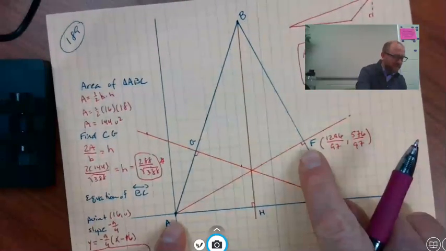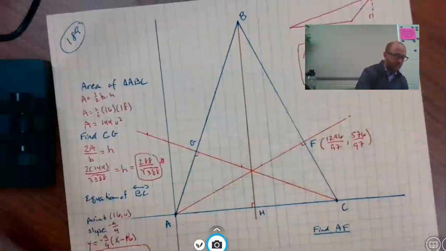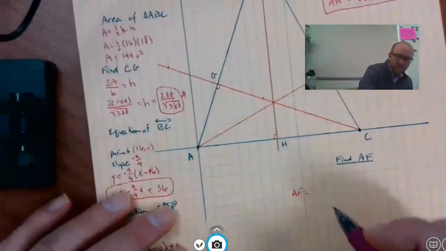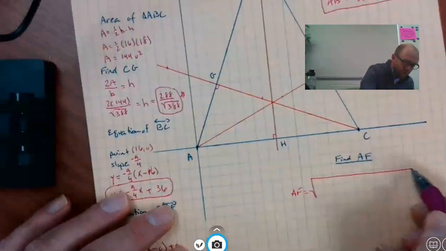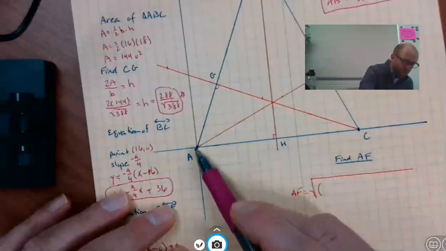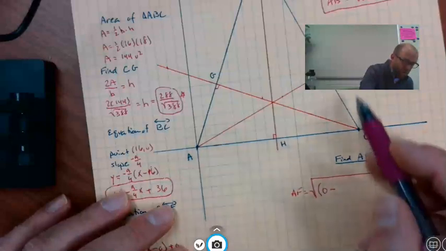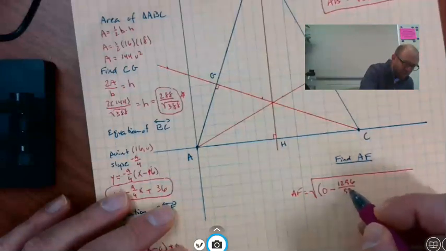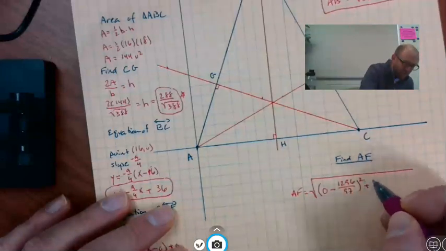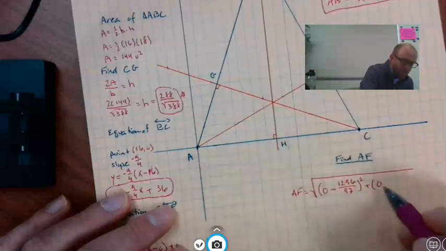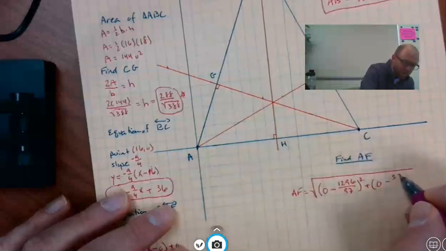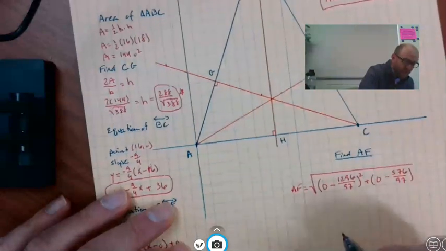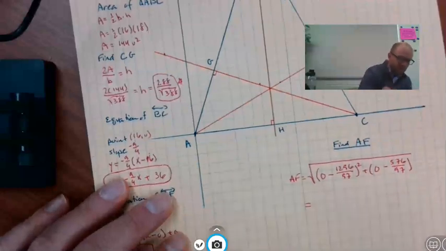Now we need to find the distance from A to F. So AF is, using the distance formula, from 0 minus 1296 over 97, squared. And our y-coordinate is 0 minus 576 over 97. I'm just going to punch all this into the calculator.